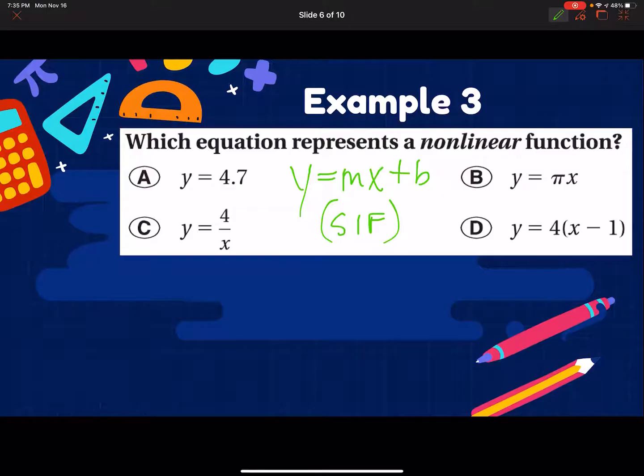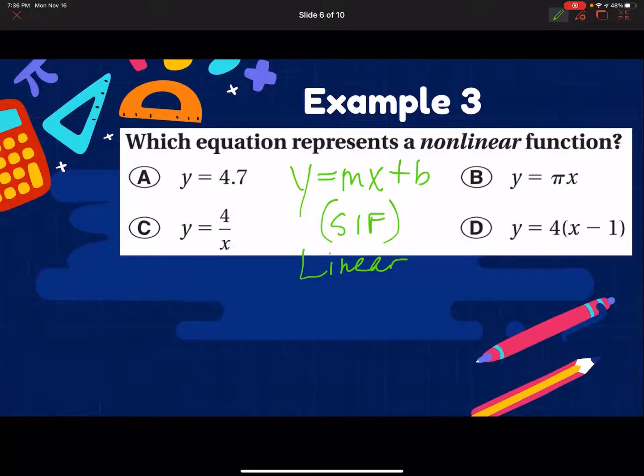So if that works for linear, then we can look at these equations and determine if they can be rewritten in slope-intercept form. So that's basically how we're going to judge whether it's linear or nonlinear.